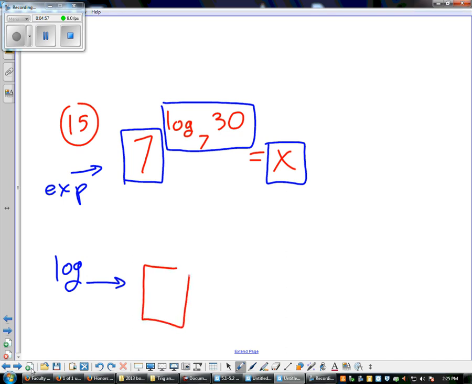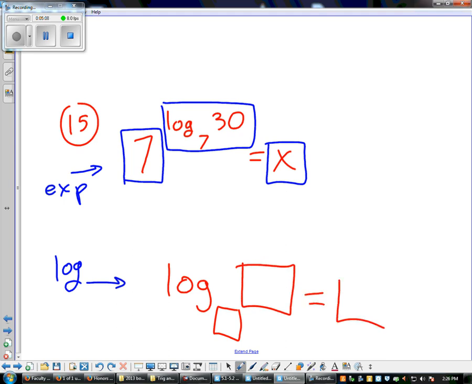I'm sorry, I'm going back to exponential form again. Let's try logarithmic form. So log to what base of what is equal to what? All right, this problem could have been straight off of your video guided notes, where I know you did something like hashtag raised to the swirly equals star or whatever it was.